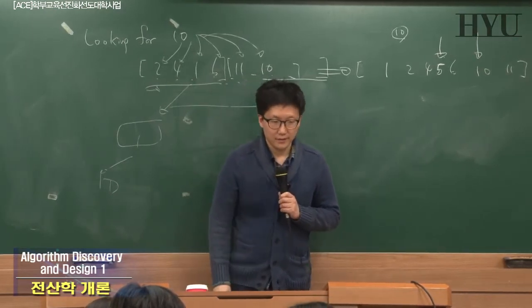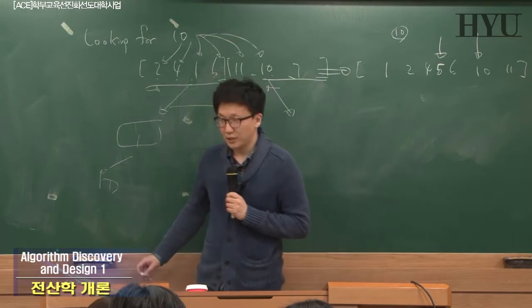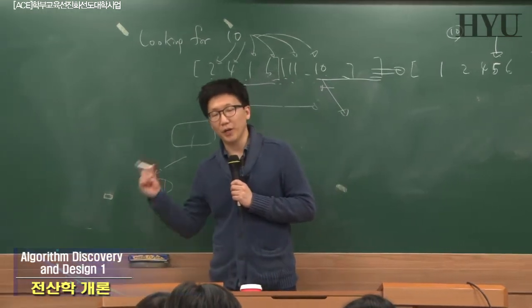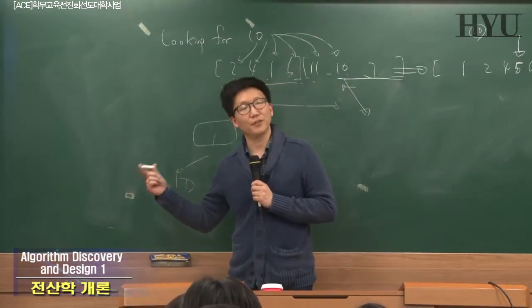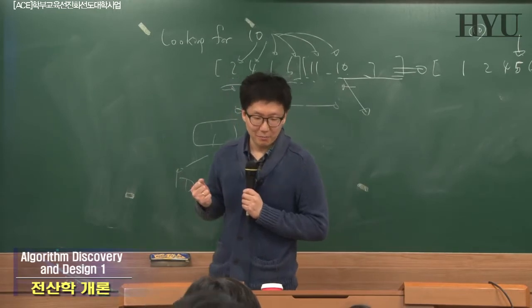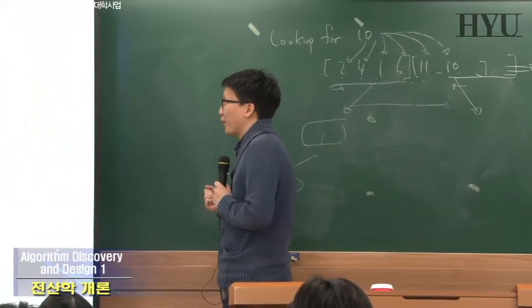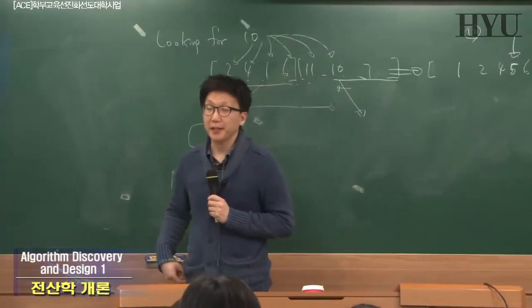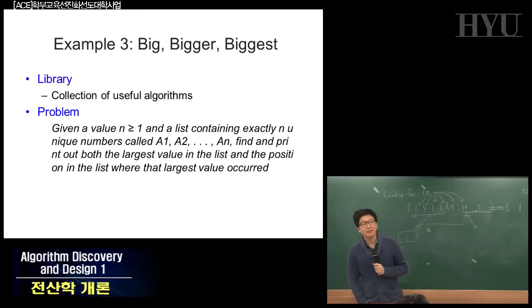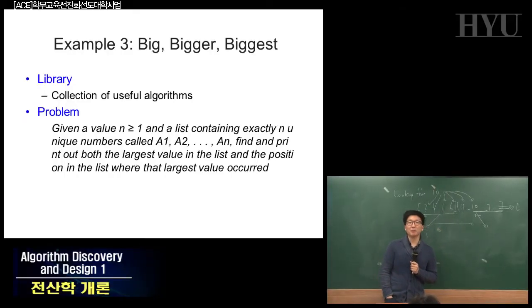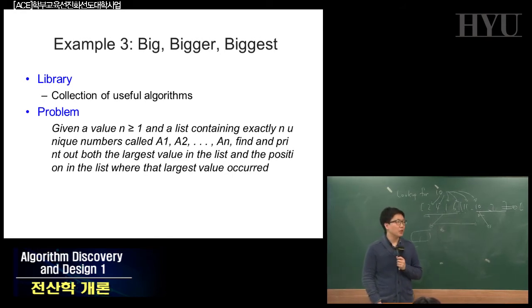Okay. Next example. It's going to be boring. Another example after another example. Library. Like I say, if you're actually doing development later, most of the time you don't need to implement your own algorithms.